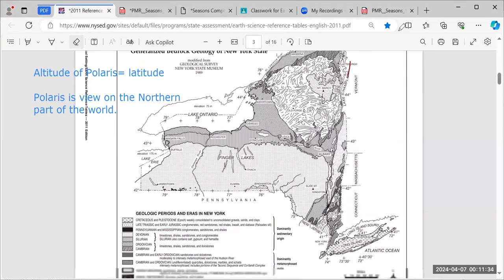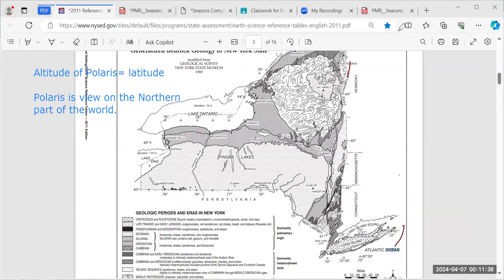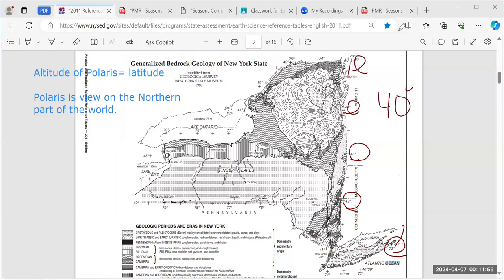Between 42 all the way to about, I got cut off a little bit, so I want to make sure I get everything. All right. So 40, 41, 42, 43, 44, 45. So the entire state is somewhere between 40 degrees north to 45 degrees north.